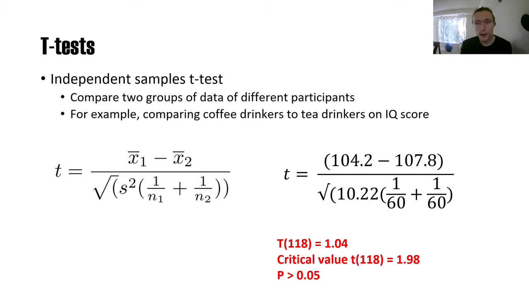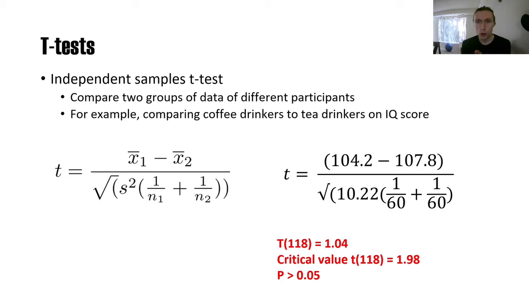Which means that the chance of seeing a mean IQ score of 107.8 in a tea drinkers group rather than a mean of 104.2 in the coffee drinkers group is relatively high, or at least higher than 5%, which means that we conclude that there is no significant difference between the groups.